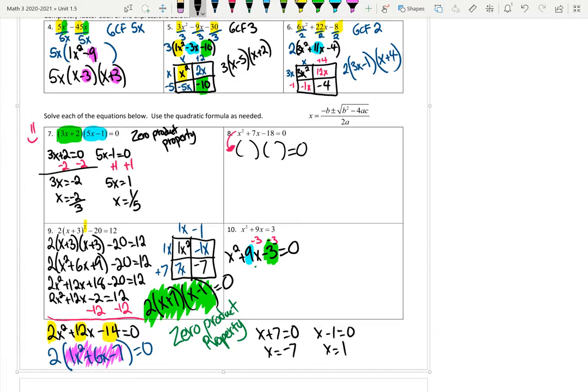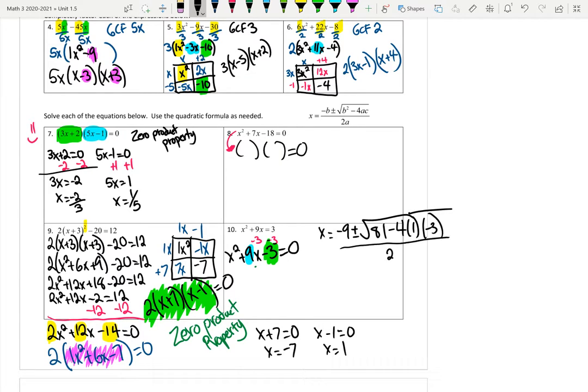It would be x equals negative 9 plus or minus the square root of, what is 9 squared? 81, minus 4 times 1 times negative 3, all over 2 times 1. I'm going to simplify it.